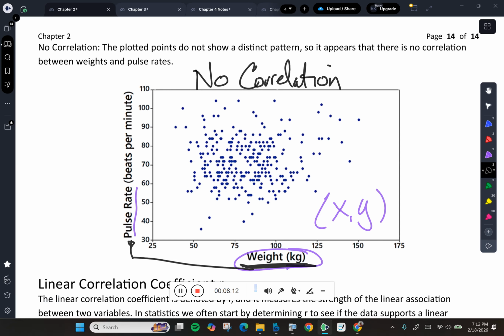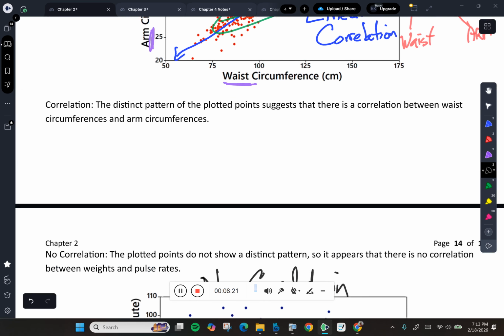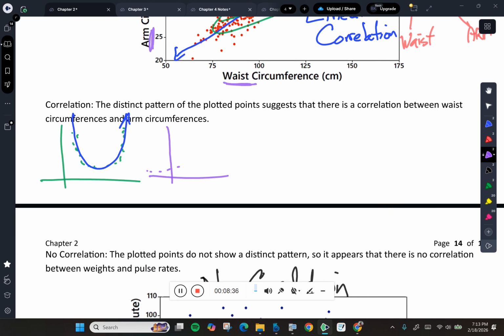Okay? Now, be careful. Don't fall into the trap of thinking that everything is either a line or isn't a line. You could have data that looks like a lot of things. You could have data that looks like this, and then if you think about algebra, I could probably put a parabola through that. Or you could have data that looks like this, and I could find an exponential function that would model that.